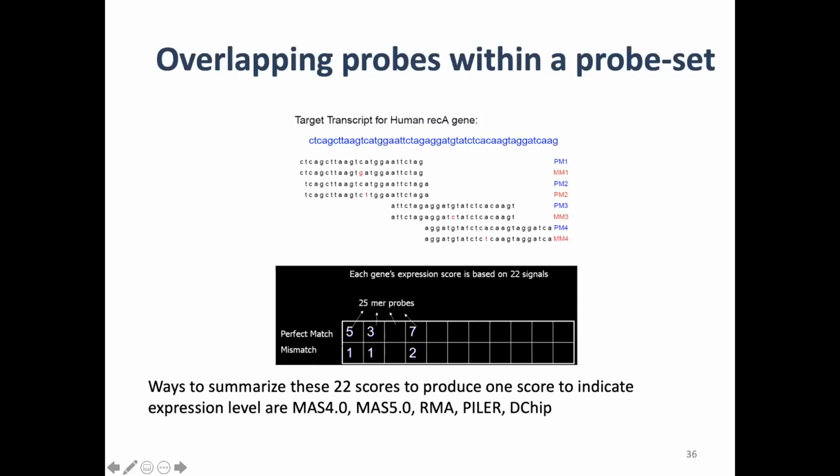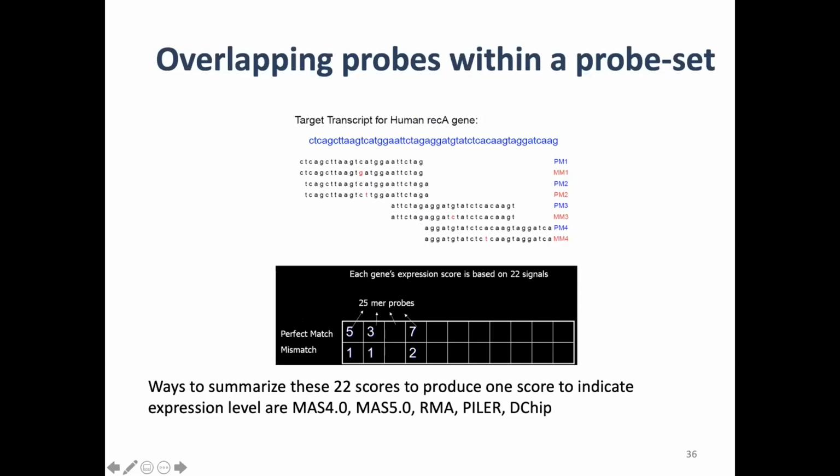There are 22 signals here for each gene expression. First is for perfect match, second is for mismatch, and you can design overlapping probes. Like this section is overlapping, but again, perfect match is perfectly copied from the actual gene sequence, whereas mismatch only has the middle position changed.